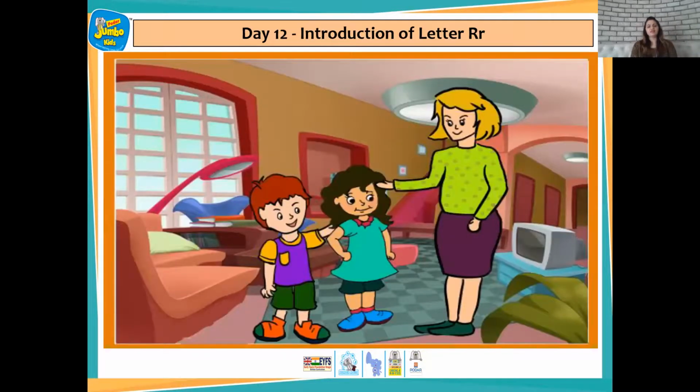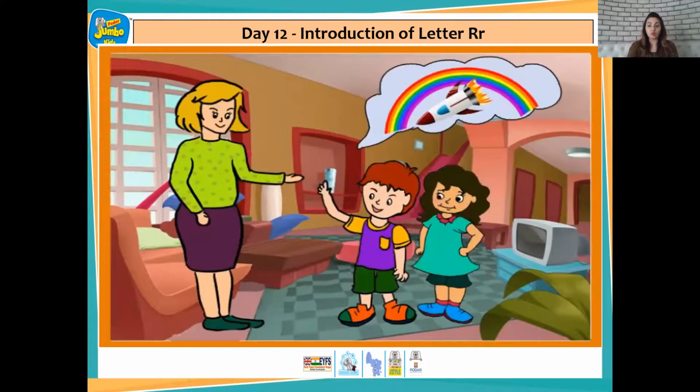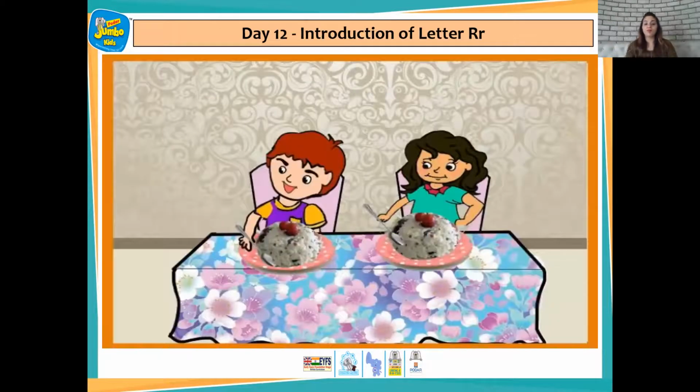And then they were tired of playing. So Rahul and Ria went home. When they went home, they both told their mummy about the rainbow and the rockets that they saw in the sky. And then it was time for dinner. So mummy made rice.